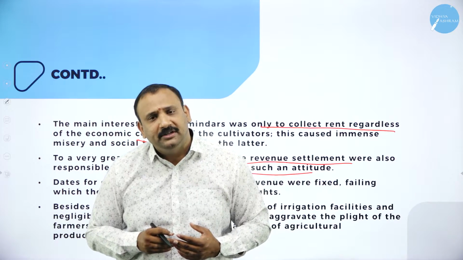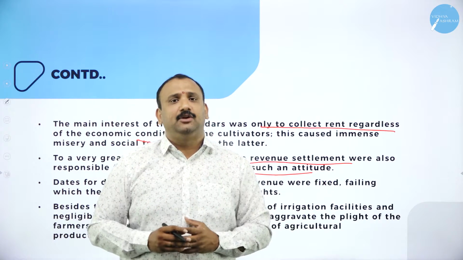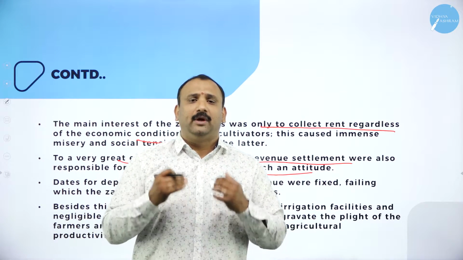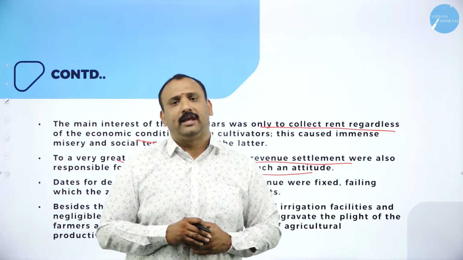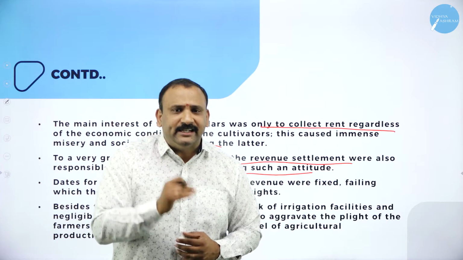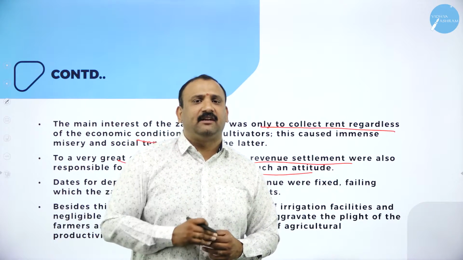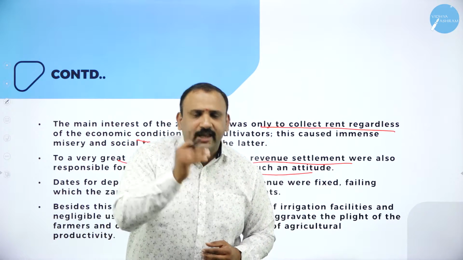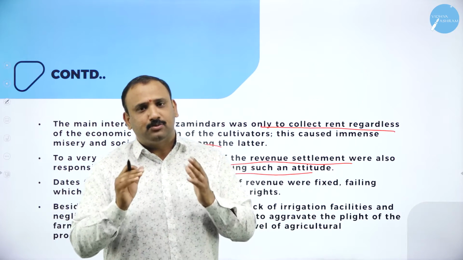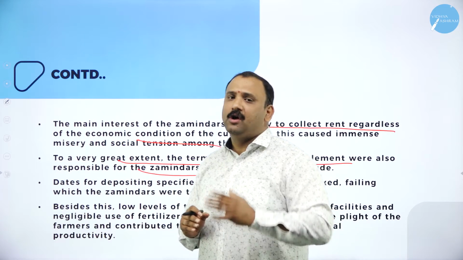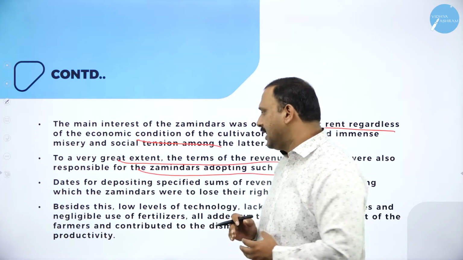I don't want to understand your sad scenarios. I only want to know whether I'm getting money on a monthly, regular basis. So the Zamindars were indirectly appointed as revenue officers who were only considering collecting money as far as possible. So this was a very, very pathetic scenario for the Indians at that point of time.